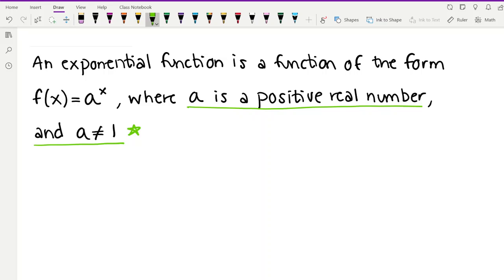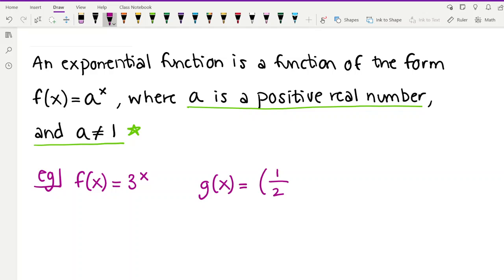So what are some examples of exponential functions? Well, one example would be f of x is equal to 3 to the x. Another example would be g of x is equal to (1/2) to the x. Another example would be h of x is equal to 5.81 to the x.